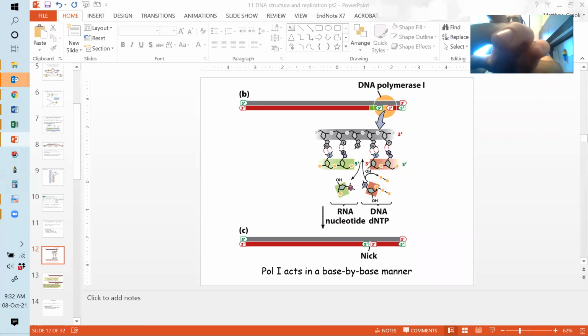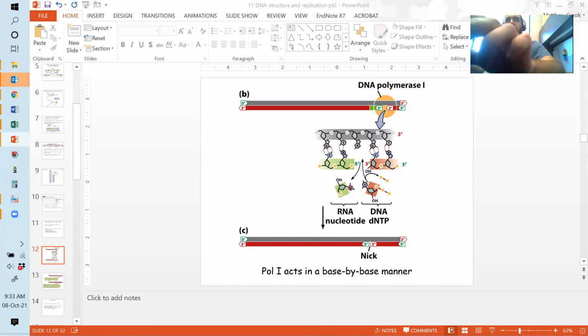It has two domains, like parts of the protein, which do very different things. One is an RNase, and an -ase is an enzyme, so an RNase is an enzyme that destroys RNA, right?